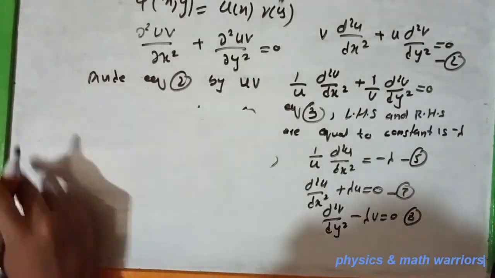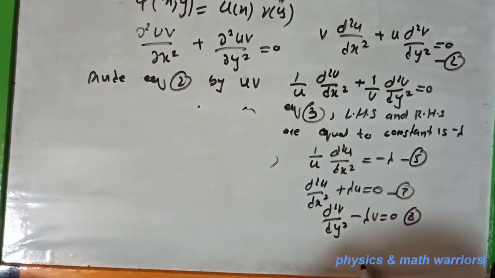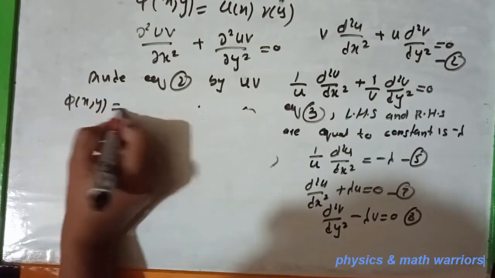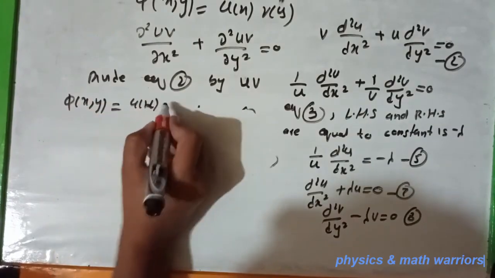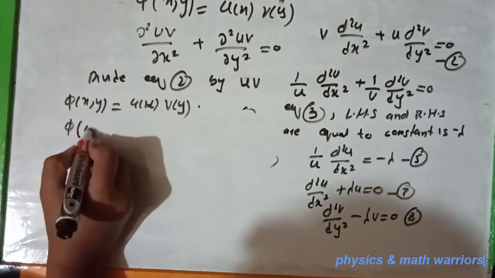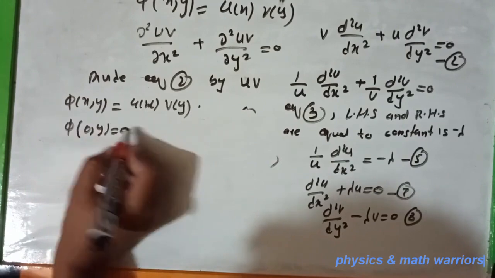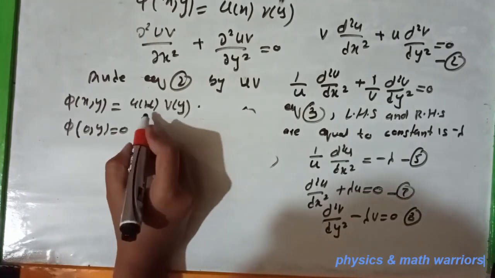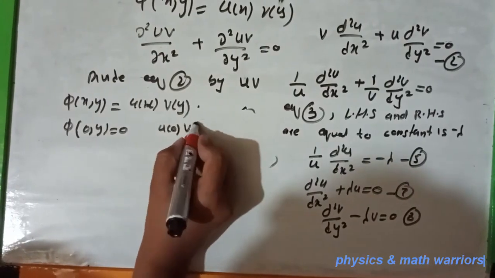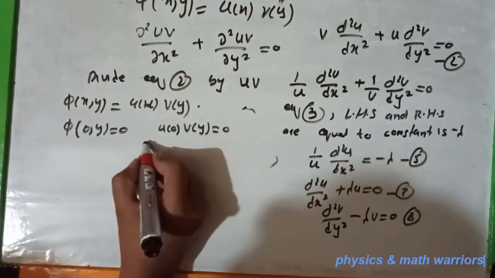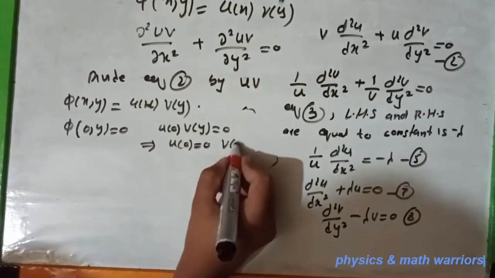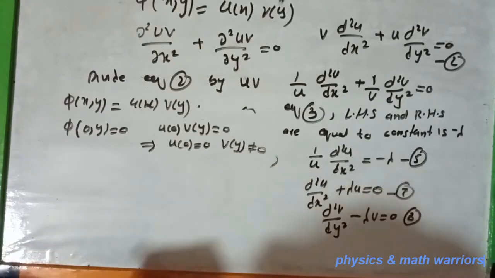Now we will find the conditions for equation 7 and equation 8. φ(x, y) = u(x) v(y). Now we have φ(0, y) = 0, meaning put x = 0. So this becomes u(0) v(y) = 0, which implies u(0) = 0 and v(y) is not equal to 0.